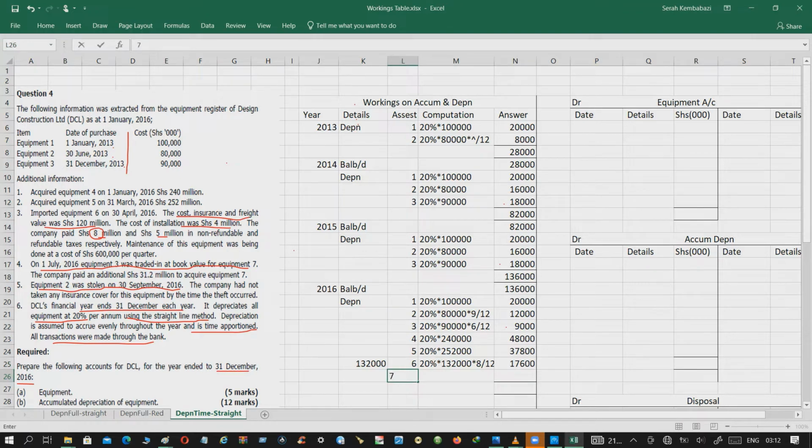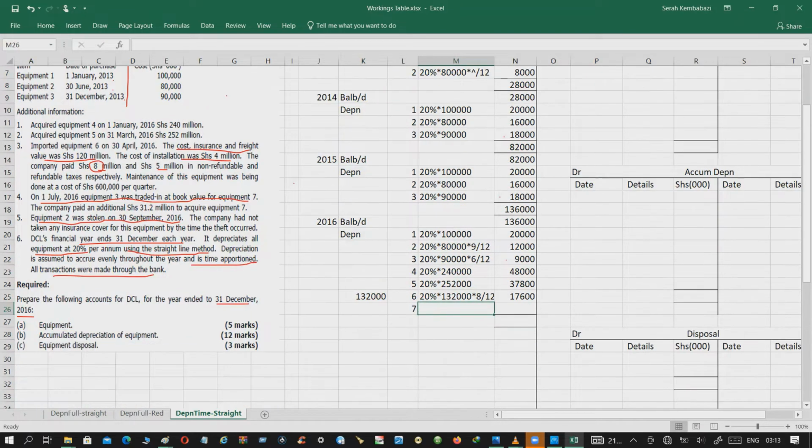And not forgetting, we also have equipment 7 that we brought in after the exchange, but we need to know its cost first of all before we compute the depreciation amount. And due to that, we'll get the book value.